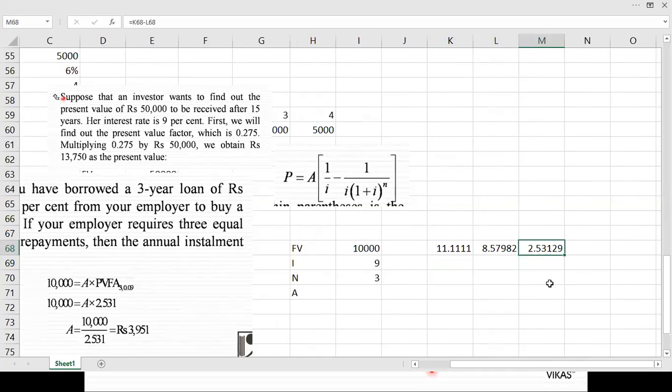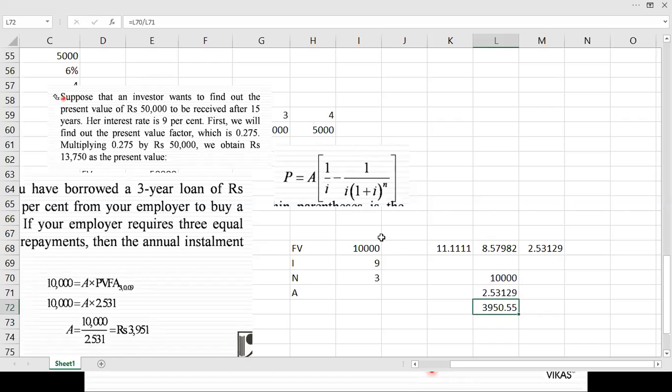And A is 10,000 into 150. And 3,951. It's difficult, right?